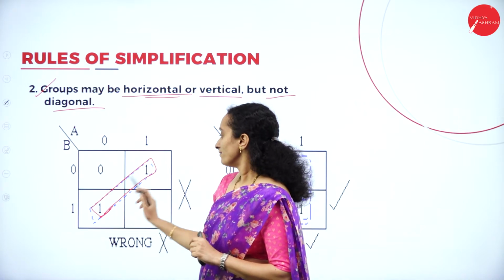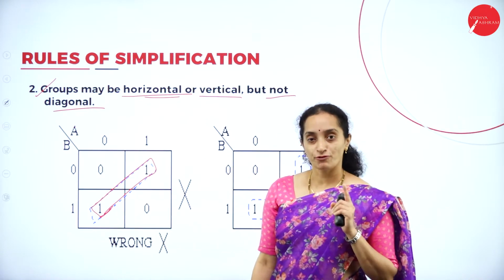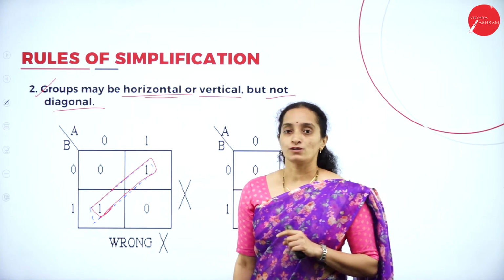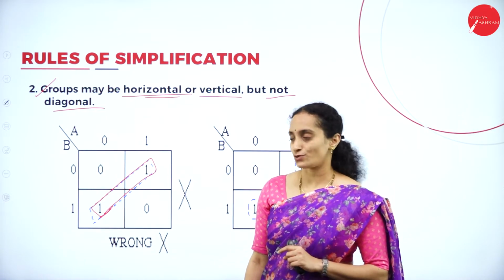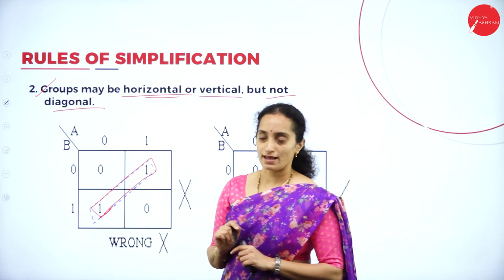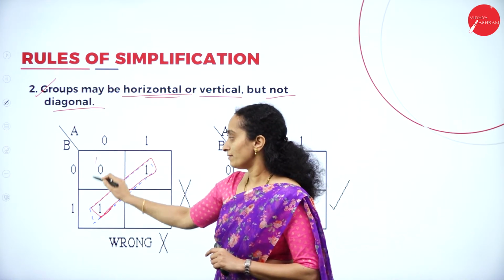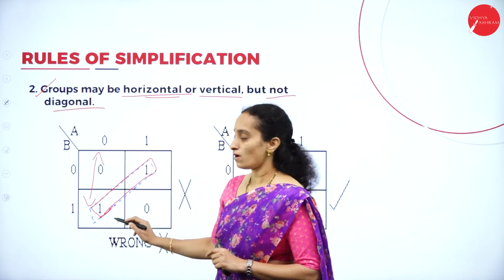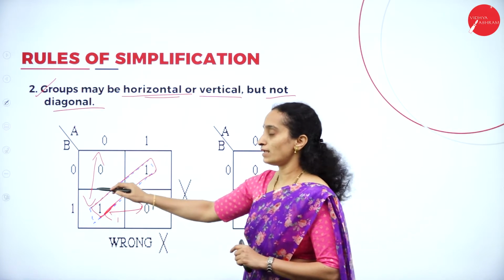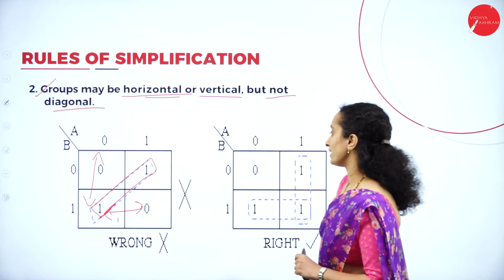Okay. Here we have two values. If you follow the first rule, you must also follow the second rule, which says you cannot group the diagonal values. You can go either horizontal or vertical.